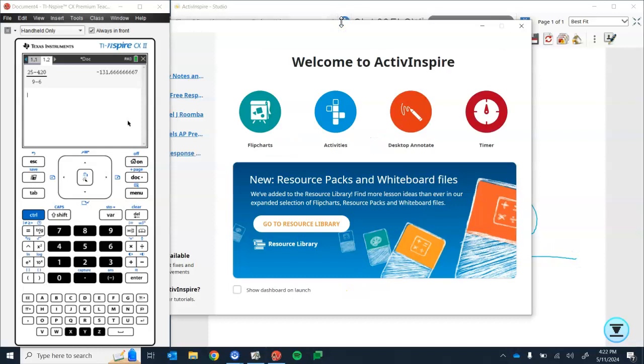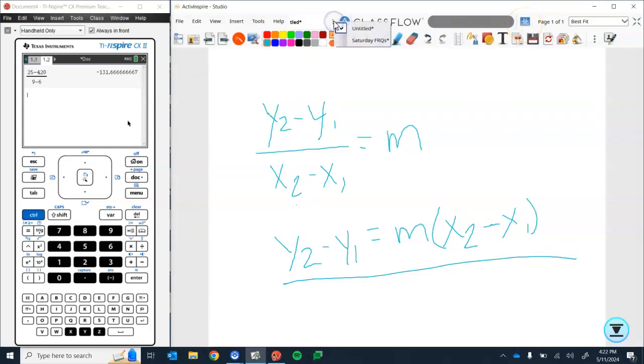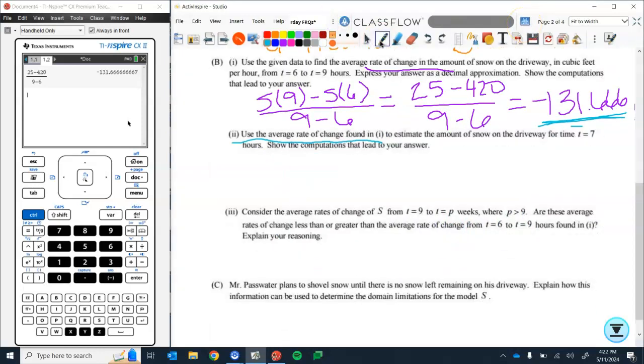So instead, we can use this slope. Now, this is an ordered pair. This is an ordered pair. So you can pick one of them to leave. I usually just leave the first one. To me, it's a little bit easier. So just 25 minus something over 9 minus something is going to equal negative 131.666. Now, this is in the calculator.